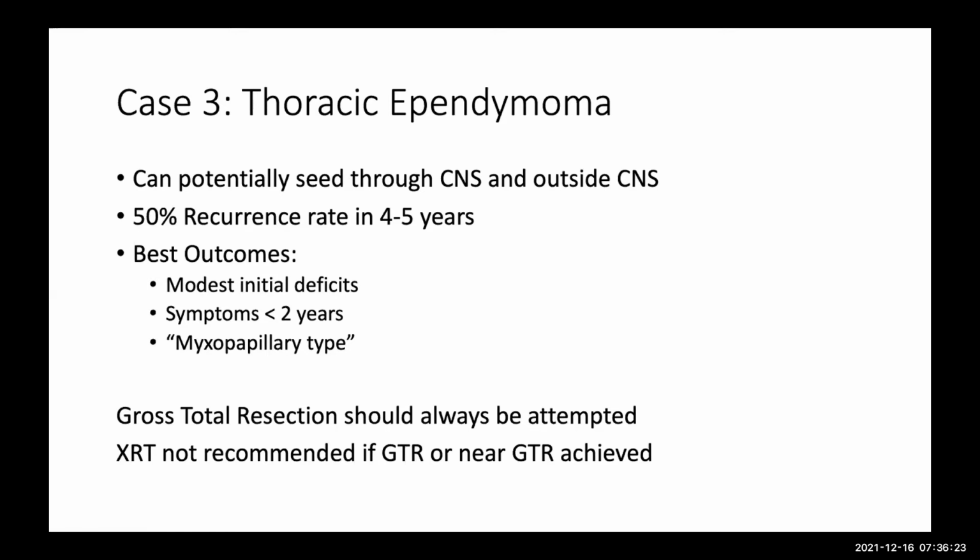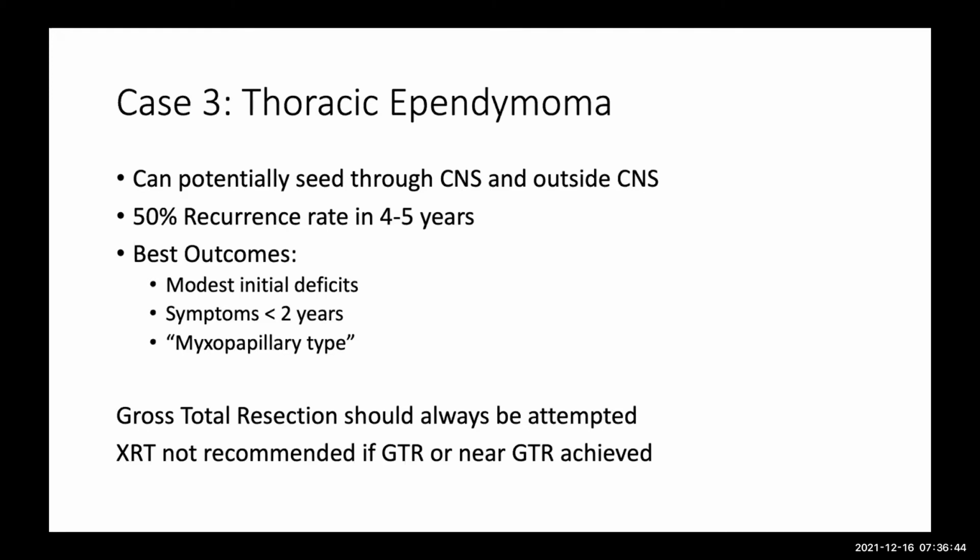It has a lot more to do with gross total resection. But if it is a typical thoracic ependymoma, not this myxopapillary type, but a typical WHO grade 2 ependymoma, you have a 50% recurrence within 4 to 5 years.